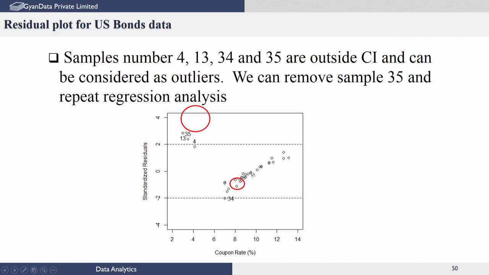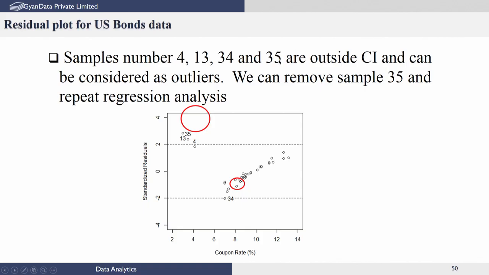There seems to be some kind of a pattern: as the coupon rate increases, the standardized residuals increase. So maybe there is a certain amount of non-linearity in the model, but let us remove these outliers before making a final conclusion. We can remove all these 4 outliers at the same time if you want.